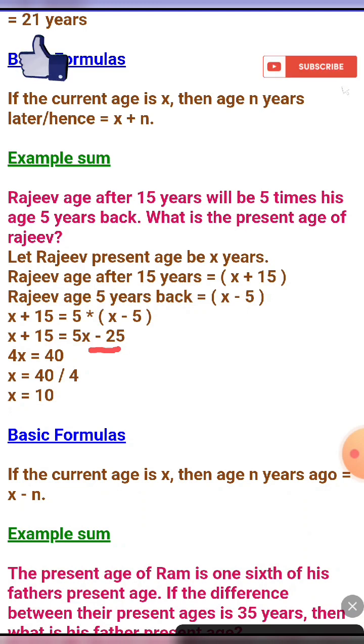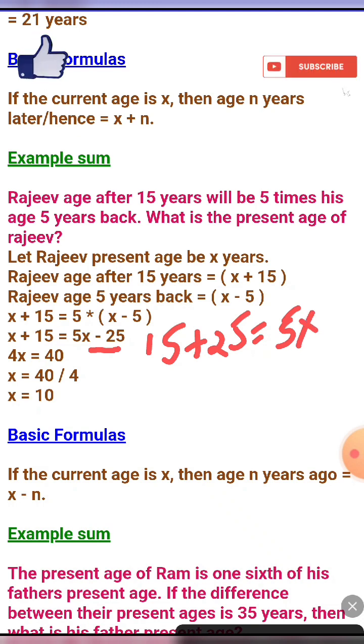Then 15 plus 25 is equal to 5x minus x. 5x minus x will be 4x, and 25 plus 15 will be 40.